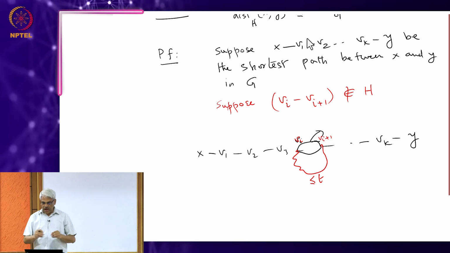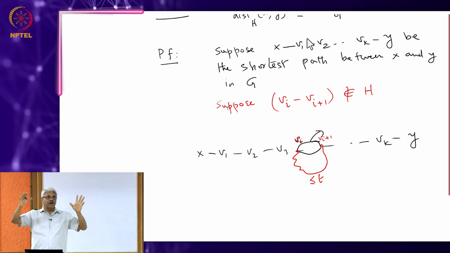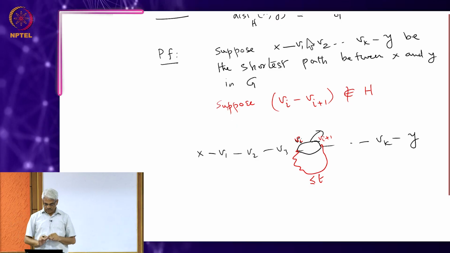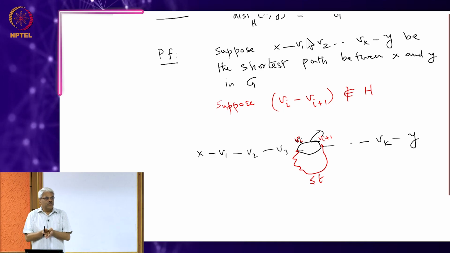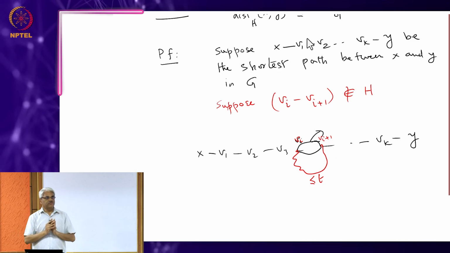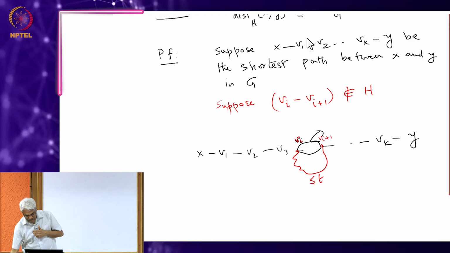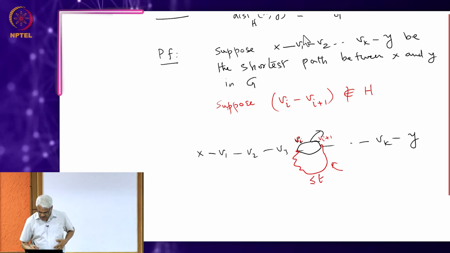So your path of length k may be blown up by at most t times k in H. That's the reason we did not include that edge: there is already a short path. Short means at most length t.